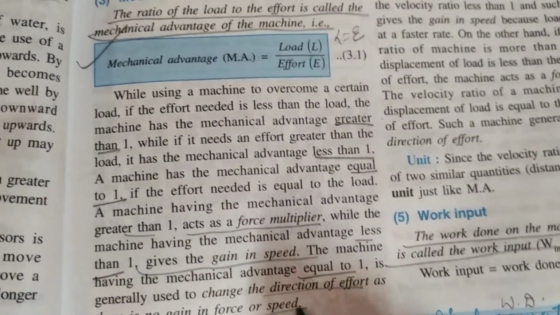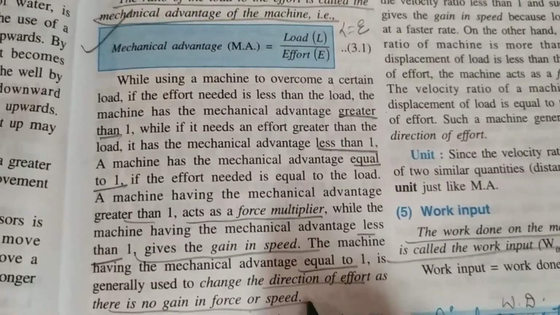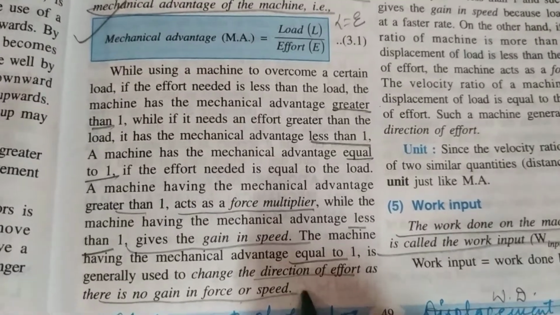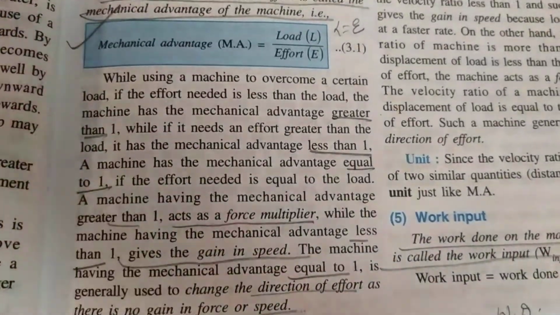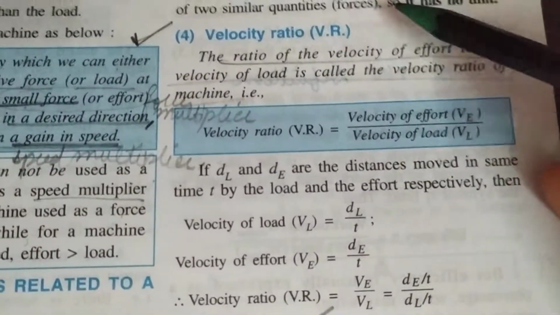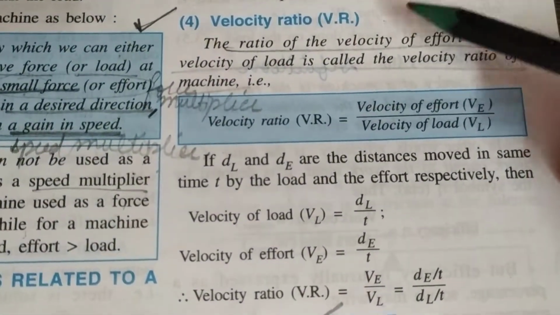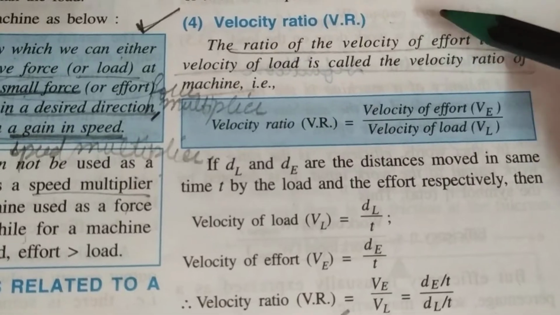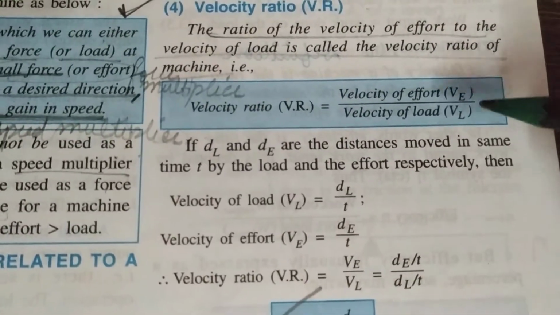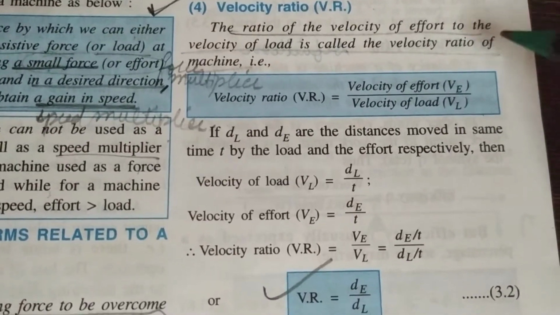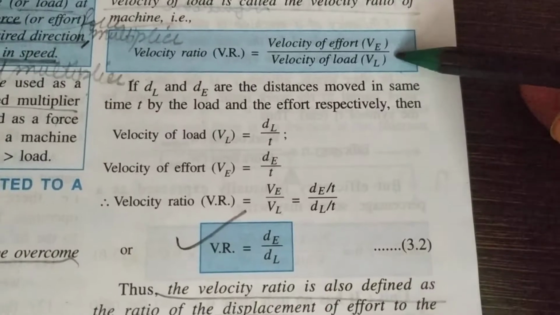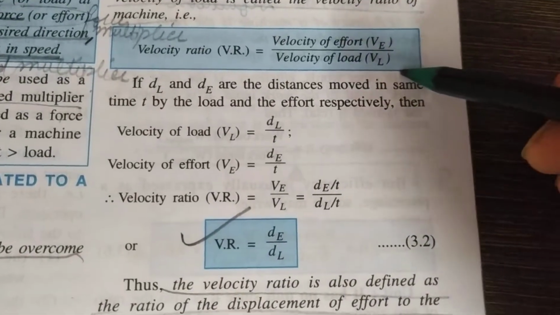So here the example is a simple single fixed pulley, the picture of which I have shown you earlier. Then the other term related to machines is velocity ratio. Now velocity ratio is the ratio of velocity of effort to the velocity of load. It means how much displacement effort is doing per second divided by how much displacement load is doing per second.